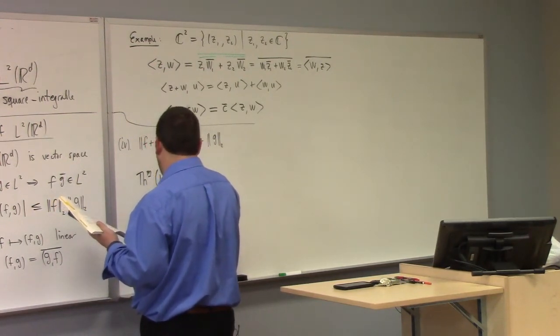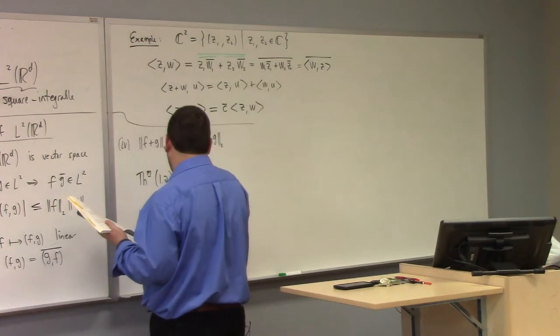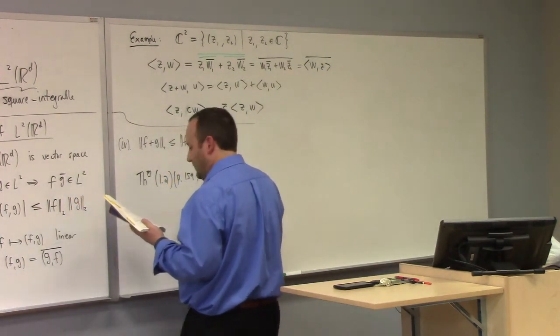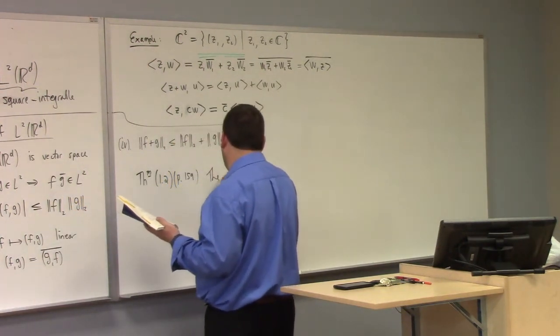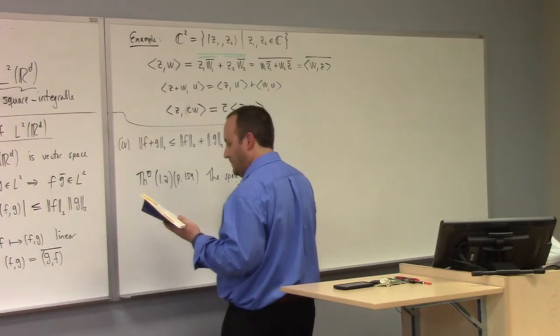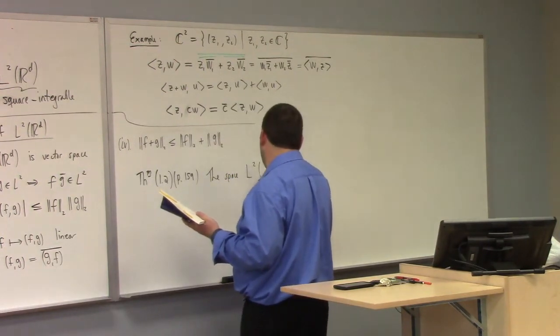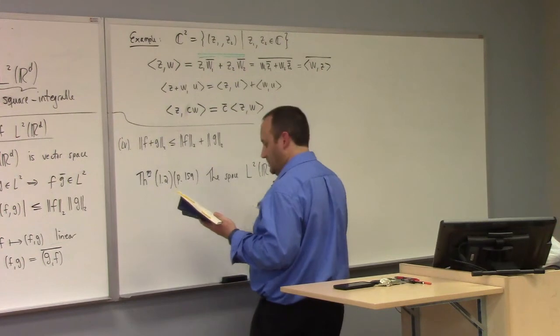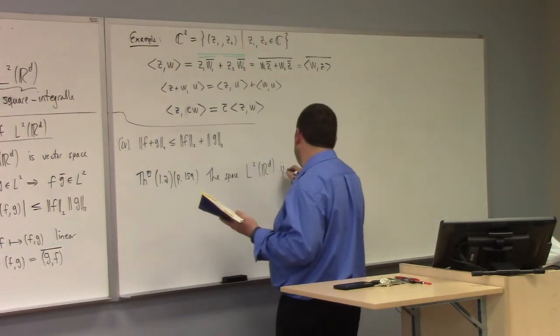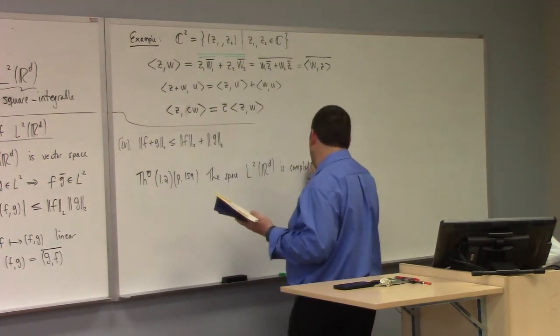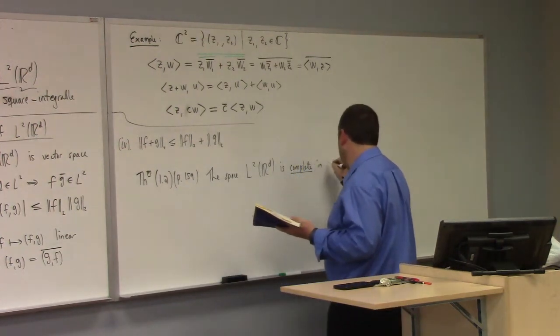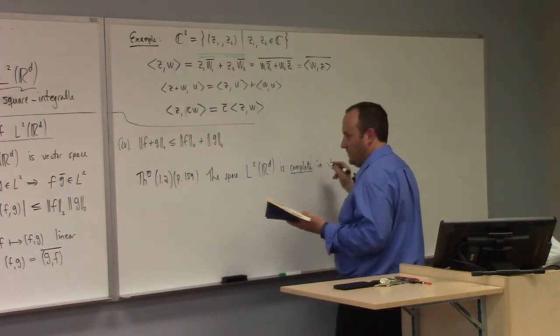1.2, on page 159. And what is that theorem? The space L2(R^d) is complete in its metric. And what is that metric?